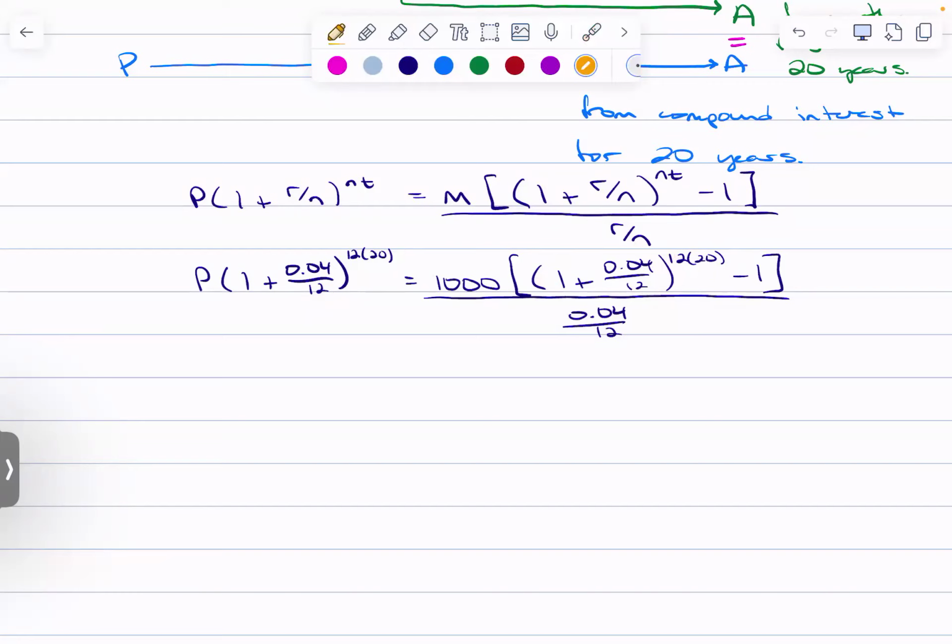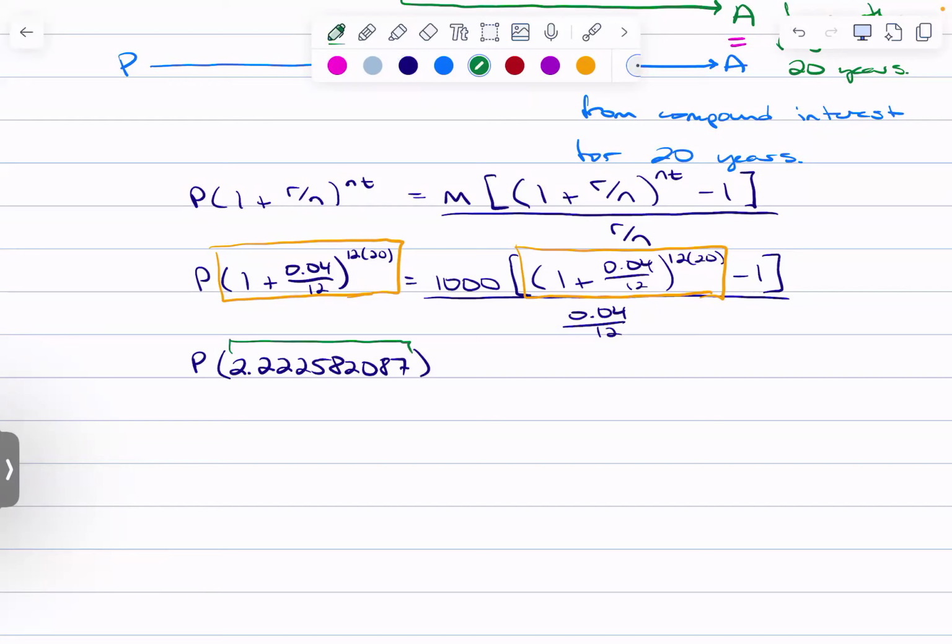And so notice that this is the same as this big chunk, to the power of 240. And I get P times 2.222582087, which I'm gonna store in A.